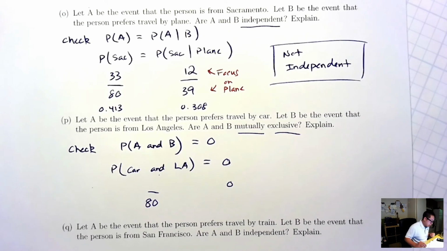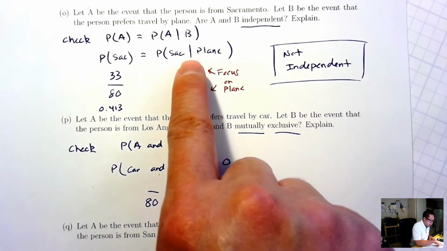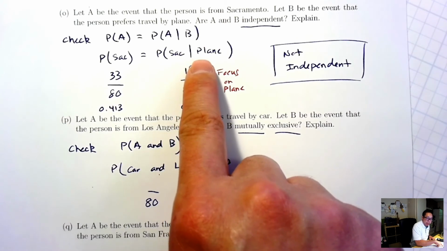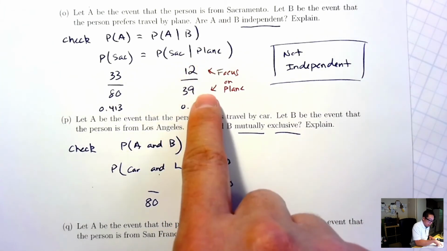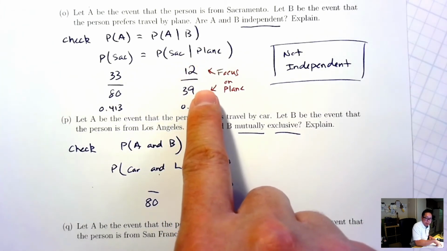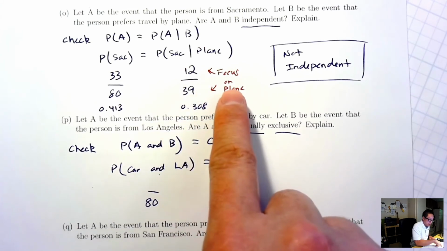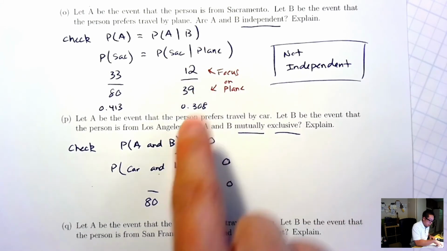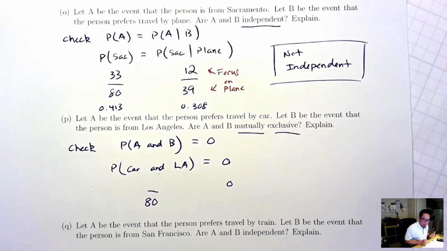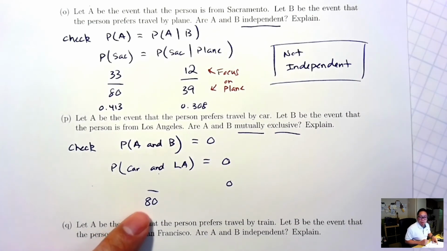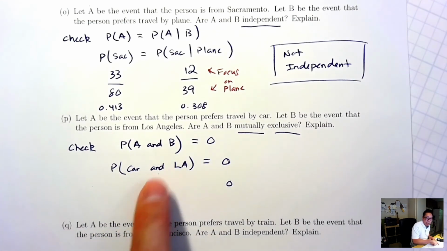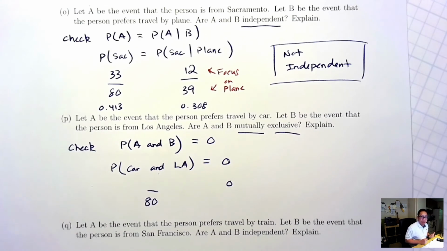So one thing I didn't say before, but I probably should have said is, if there's a given, the bottom is not going to be the total, right? Because you're focusing on a certain part of the table. If you don't see the word given anywhere, then the bottom will be the total. Okay, so here we're talking about and, so we're not talking about given anything. So the bottom should be the total.